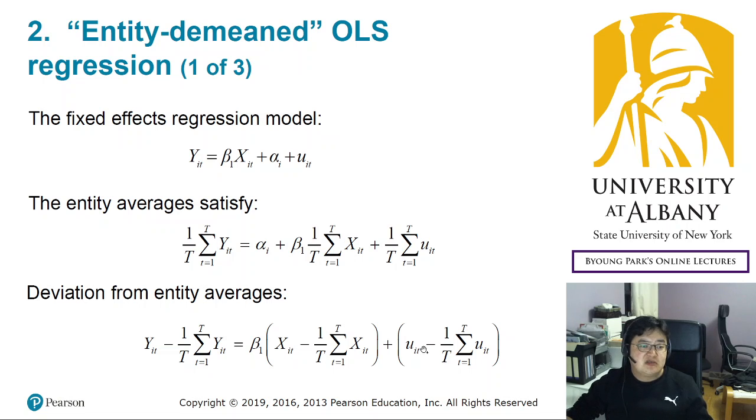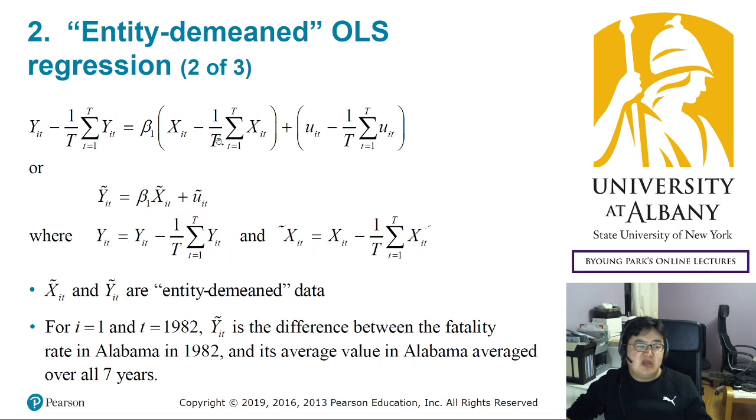So this is maybe the most common way to estimate the model. In the end, you are interested only in beta 1, only in the effect of beer tax. So beta 1 is maybe the only parameter of your interest. So if you don't care about the fixed effect, then canceling out the fixed effects will be more efficient.